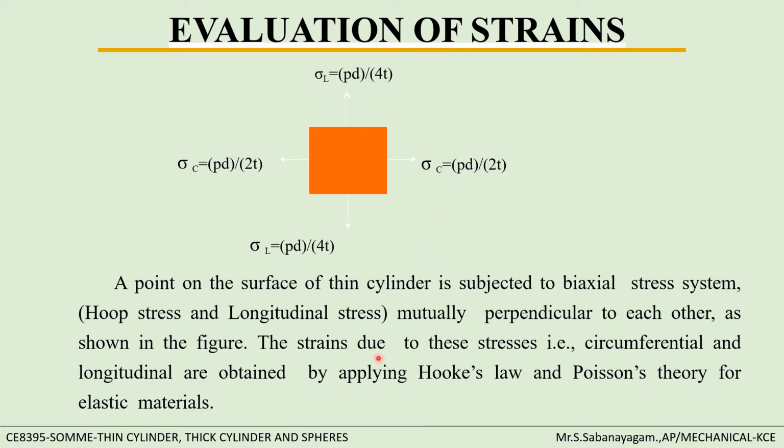The strains due to these stresses, circumferential strain and longitudinal strain respectively, can be obtained by Hooke's law and Poisson's theory of elastic material. As we know, within the elastic limit the stress is directly proportional to the strain, that is Hooke's law. With these two theories, Hooke's law and Poisson's theory, the evaluation of strains is going to be made.